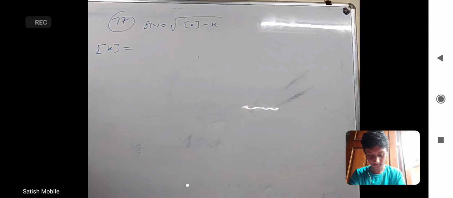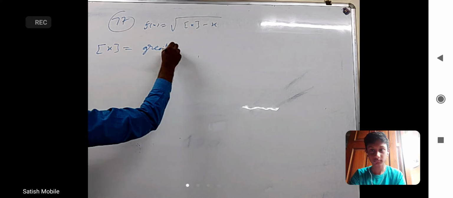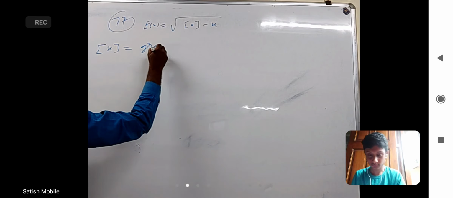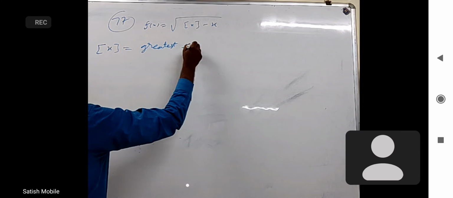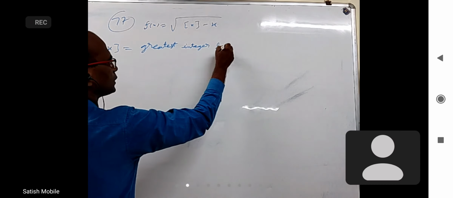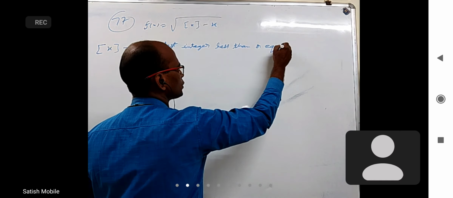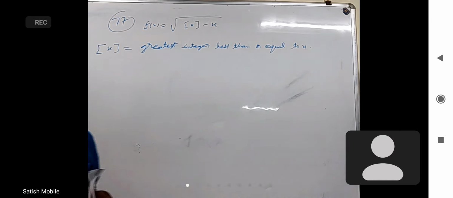The definition is greatest integer less than or equal to x. Okay.